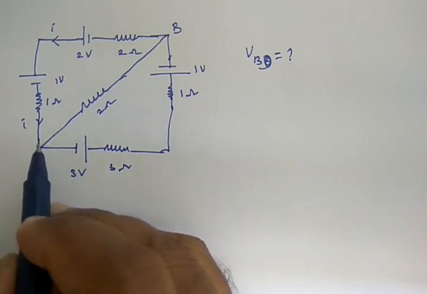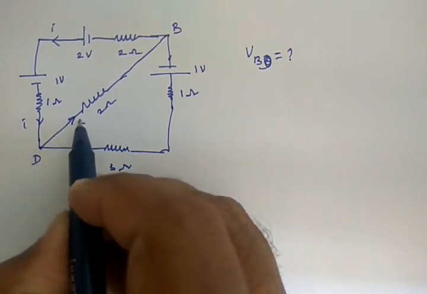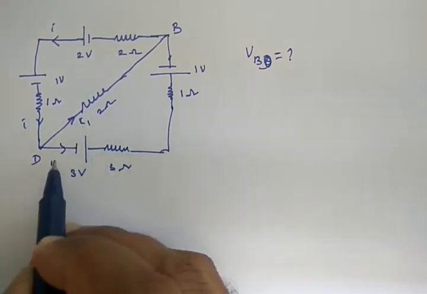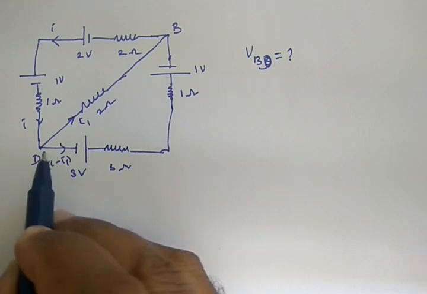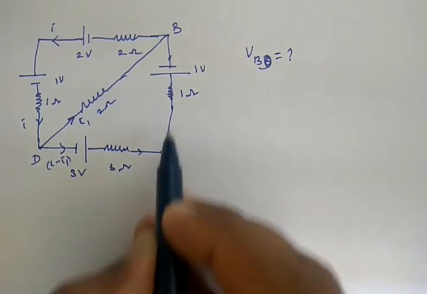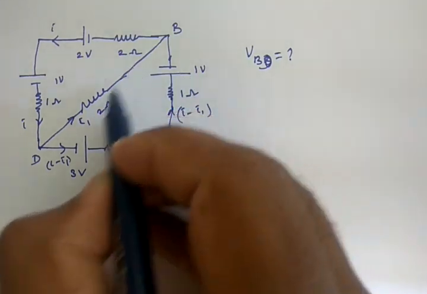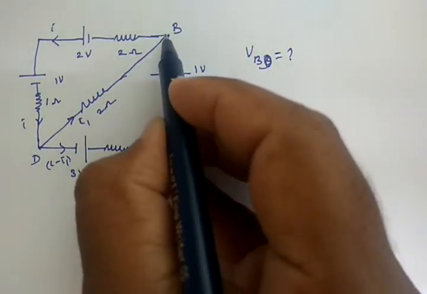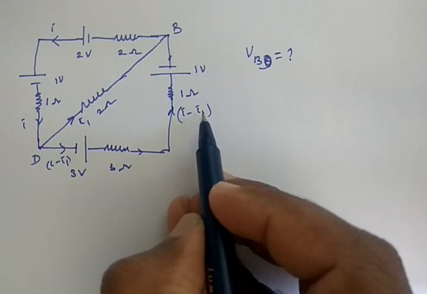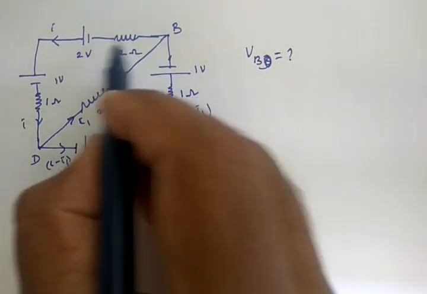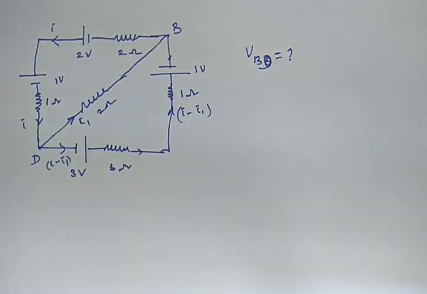A part of the current will go through this line. Let us take that part as I1, and the remaining part, that is I minus I1, will go through this line, and here I1 is coming. So once they meet here, I minus I1 plus I1 is once again I, and I will go like that.